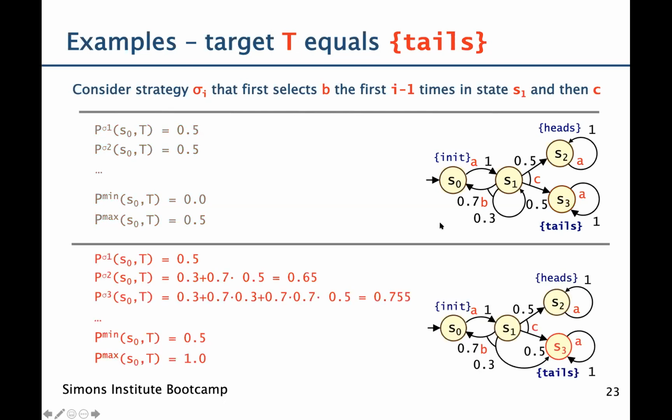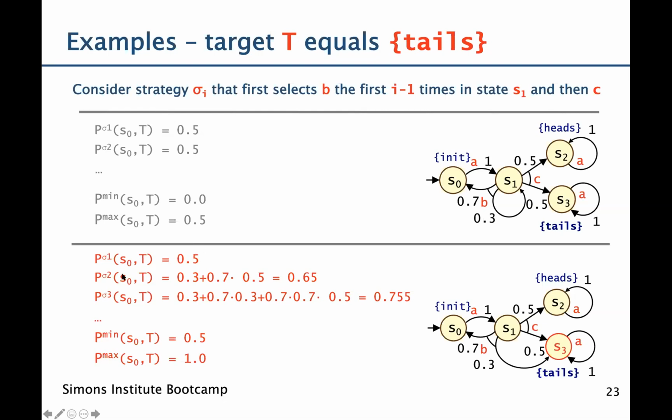0.5. Now let's consider a slightly modified MDP, where if we choose action B, there's still a probability 0.7 of going to S0, but now instead of the self loop, we move to state S3, our target, with probability 0.3. Now, if we consider sigma 1 in this case, we go to S1, and then there's a 0.5 probability of reaching S3.